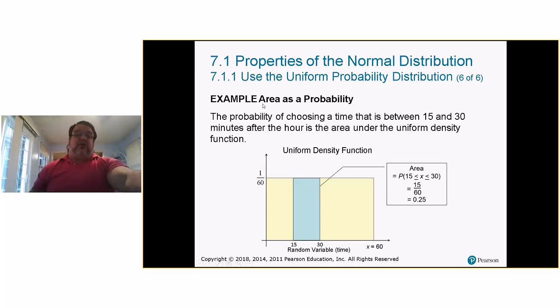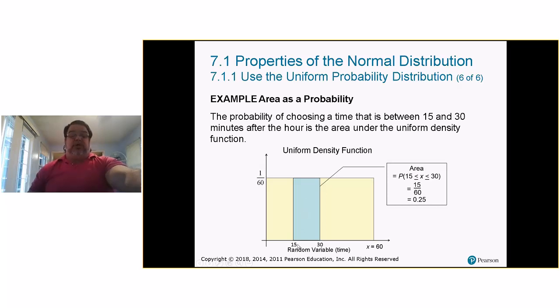Write this down right here because this is a question they're going to ask you. The probability of choosing a time that is between 15 and 30 minutes. So 15 and 30, you want the area of that blue rectangle.